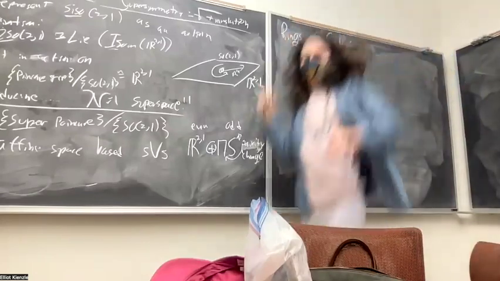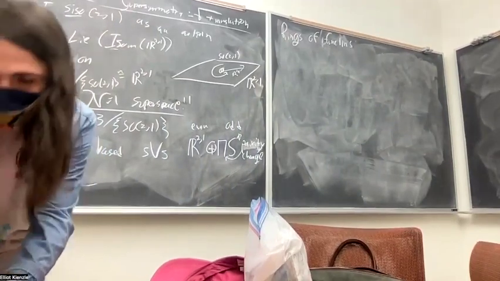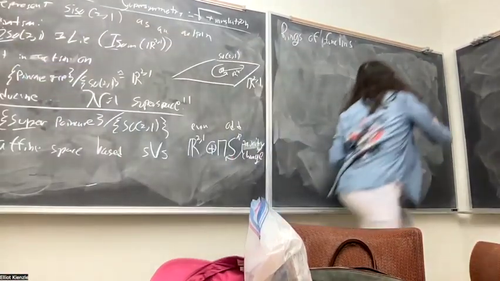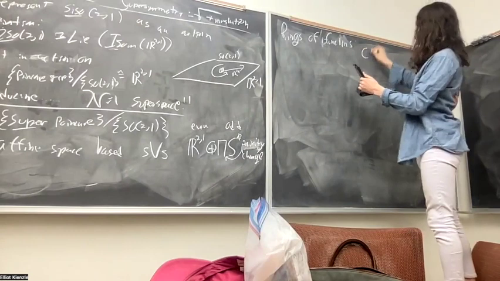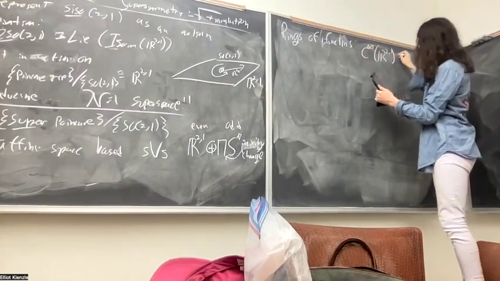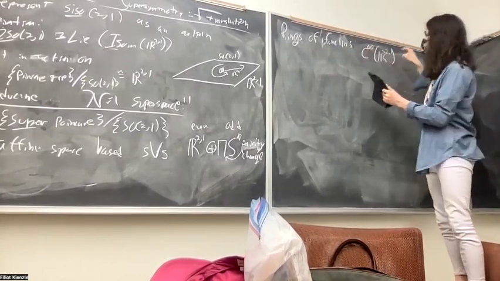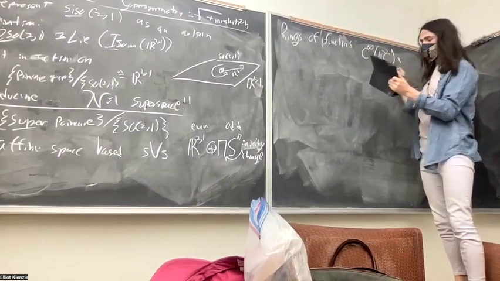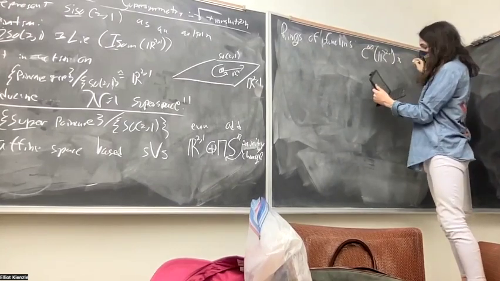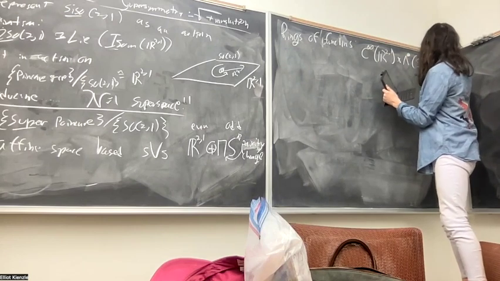So the ring of functions is going to be smooth functions on the real part. I don't know, it doesn't really matter. Some regularity functions on this nice even part that we know and love, times the exterior algebra of S dual.